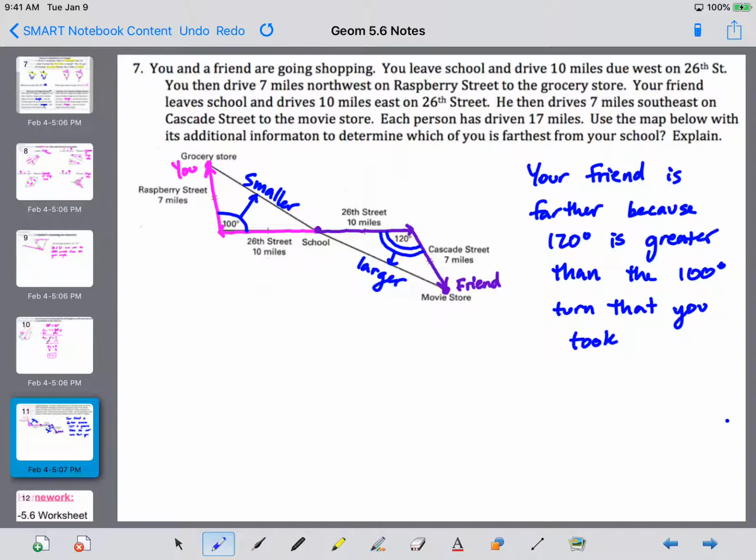So you would definitely be less distance than your friend. And that is using the hinge theorem.